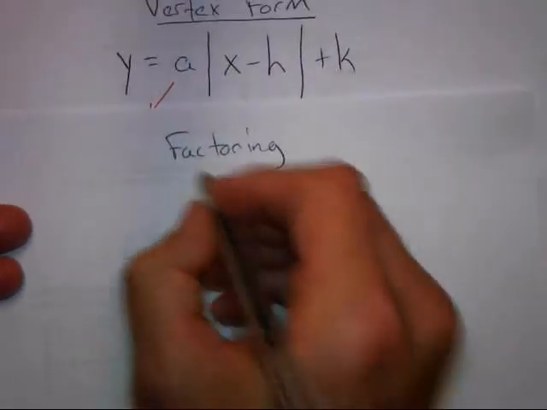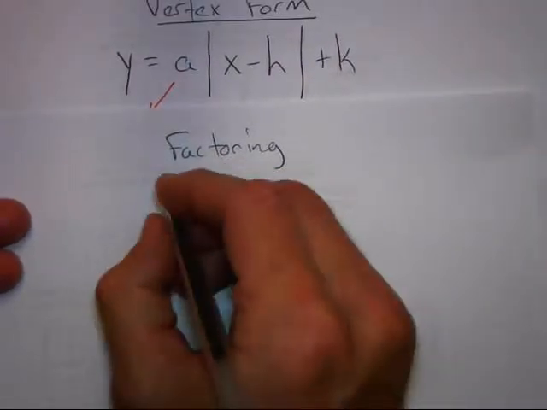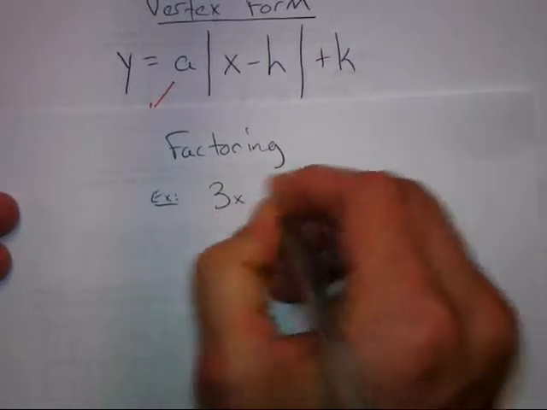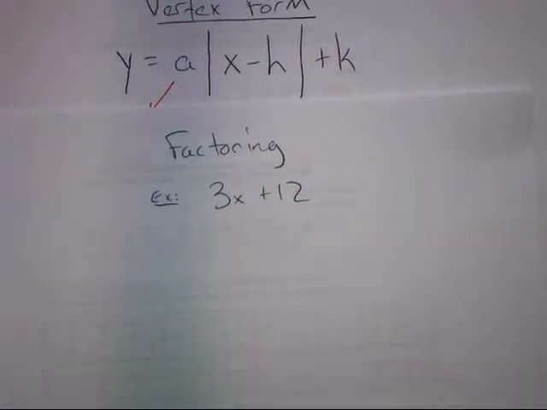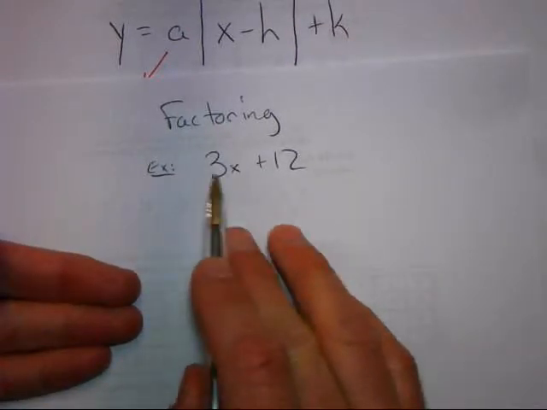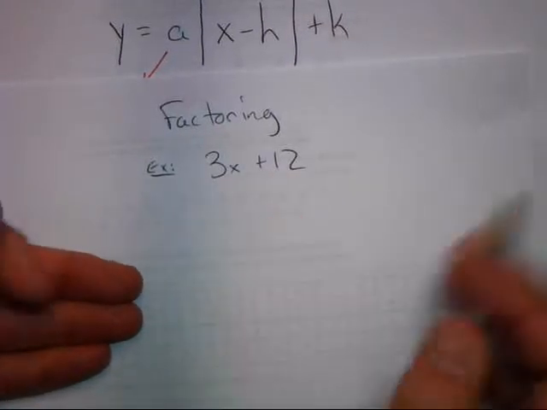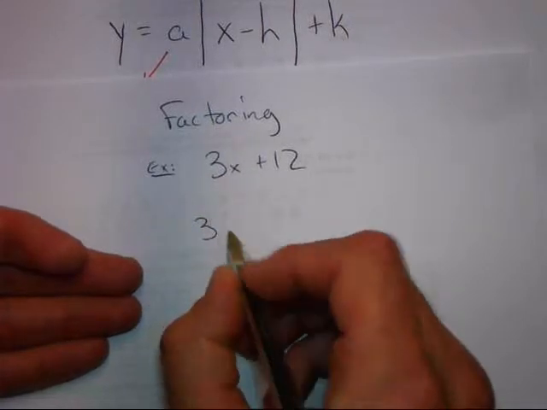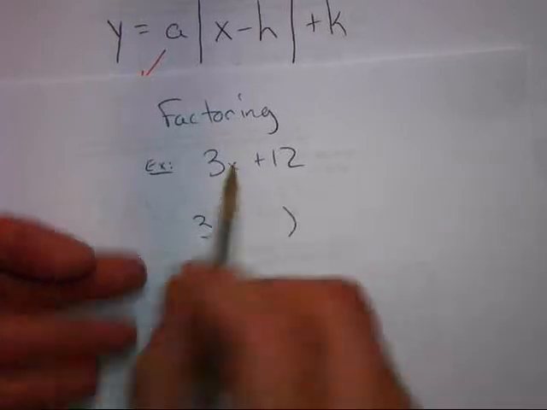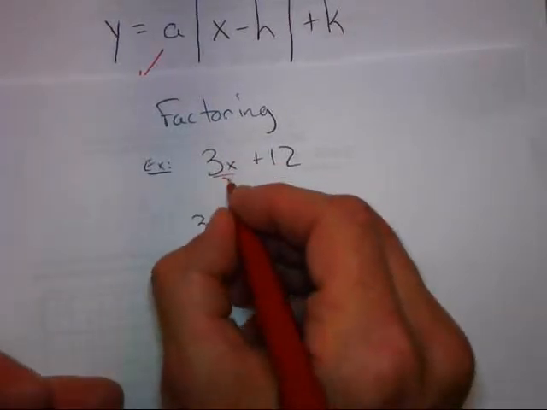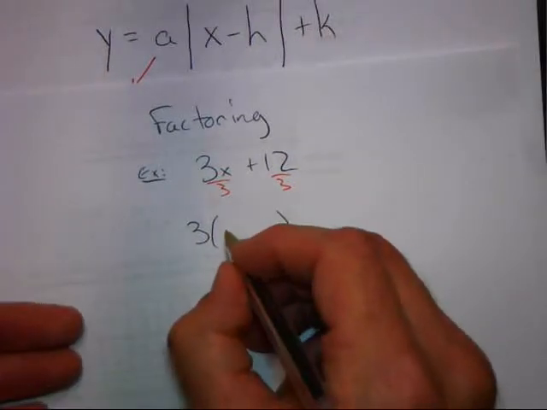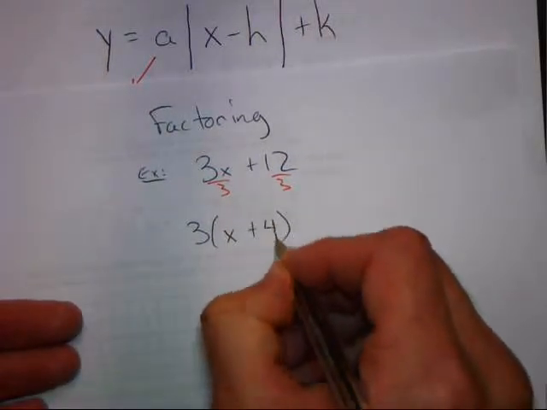And if you remember from Algebra 1, if we had an expression, let's say an example, that looked like 3x plus 12, we could factor that expression, because these two terms have a greatest common factor of 3. And what we could do is factor the 3 out, end up dividing each of the terms by 3, leaving us with x plus 4 inside.